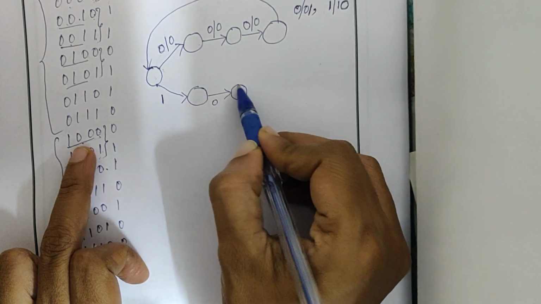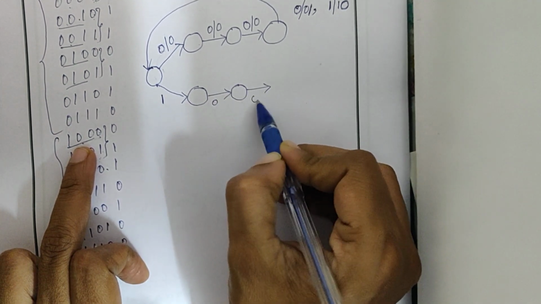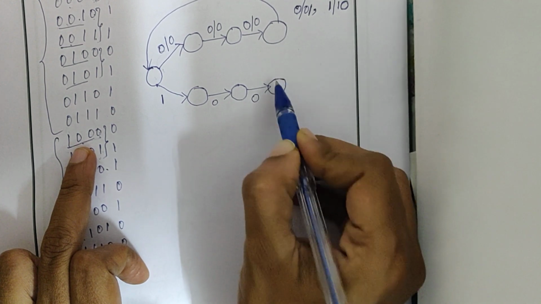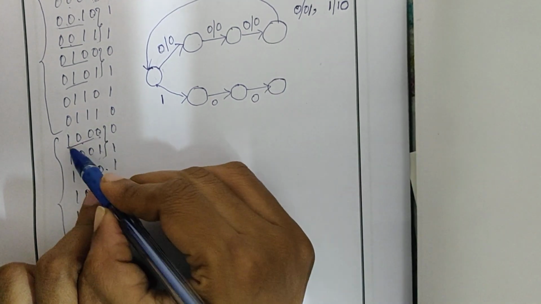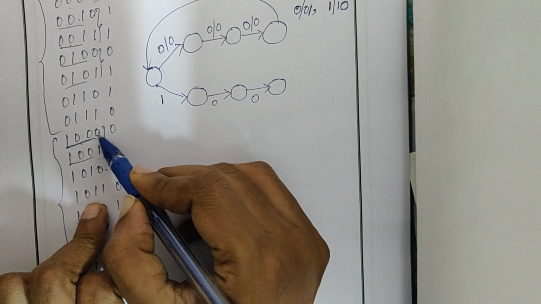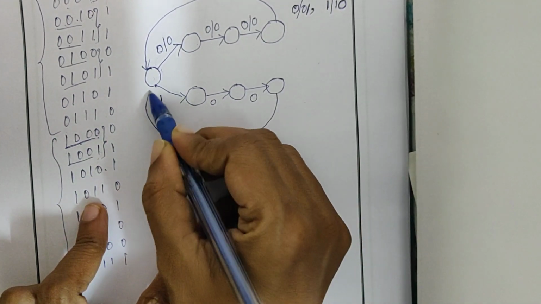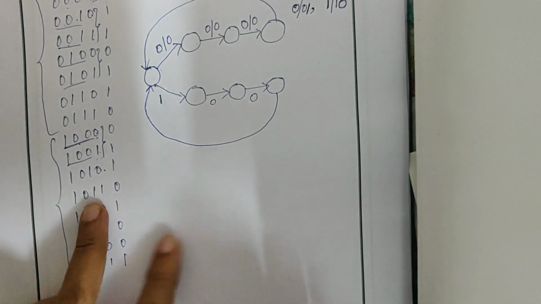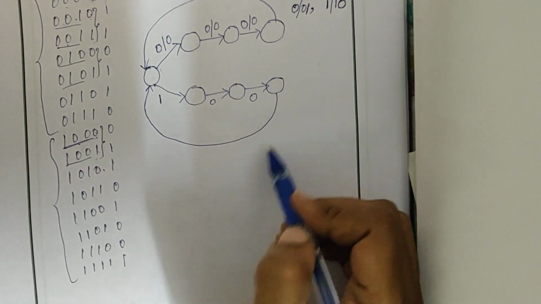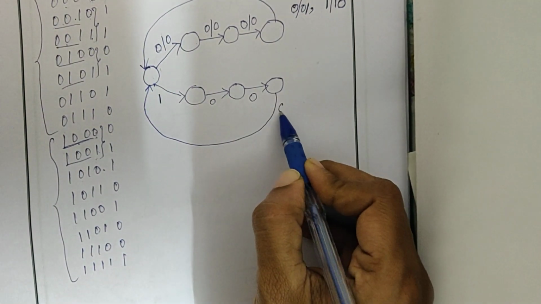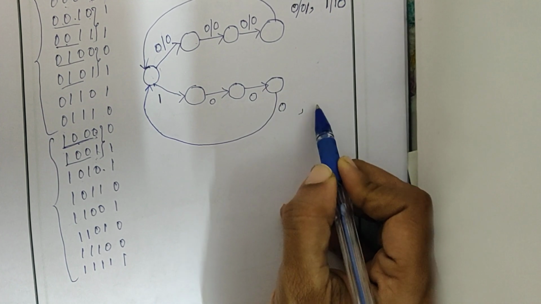Next, I should write the third bit as 0. The fourth bit will be either 0 or 1. The first 3 bits are the same. The fourth bit will be either 0 or 1. Right. Whatever it be, it should be able to read the next set of inputs. So I'm moving to my start state. So the fourth bit will be either 0 or 1.